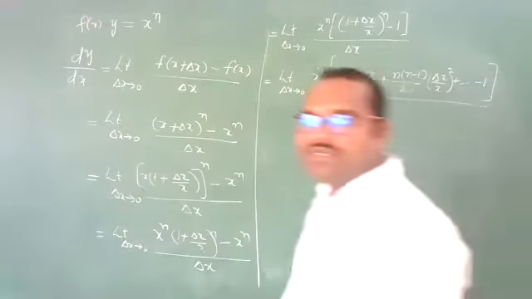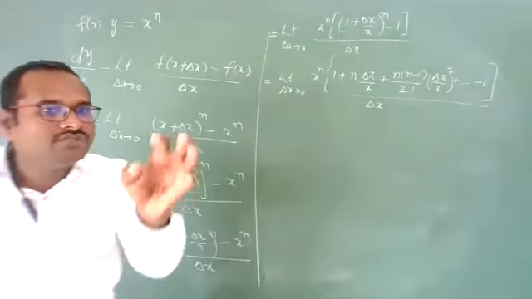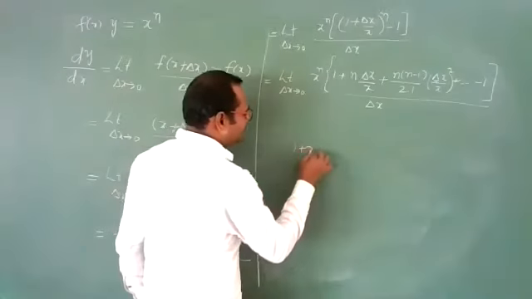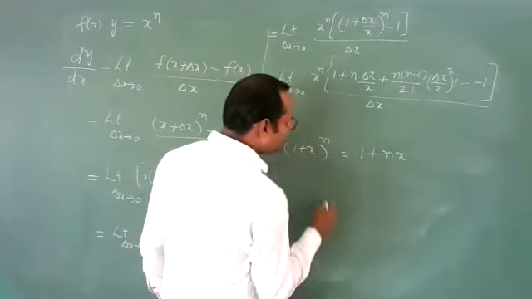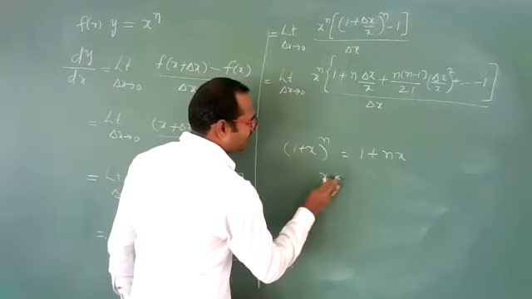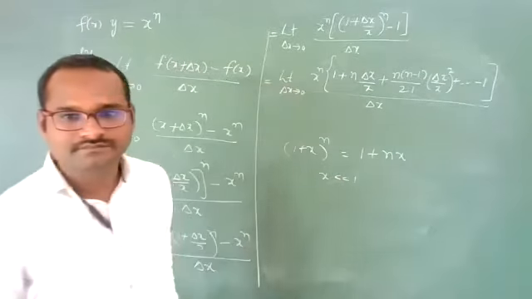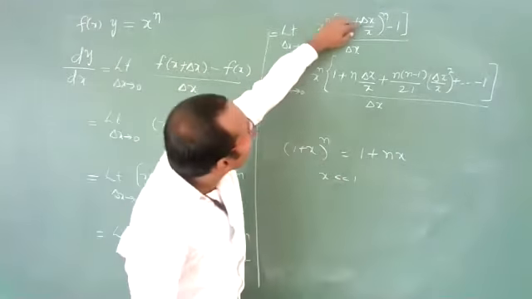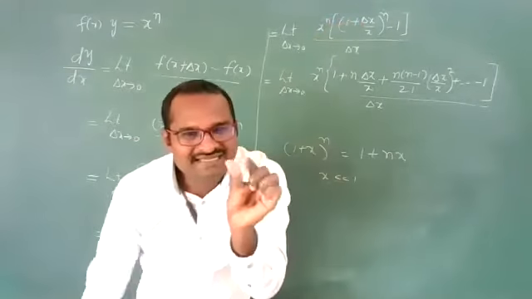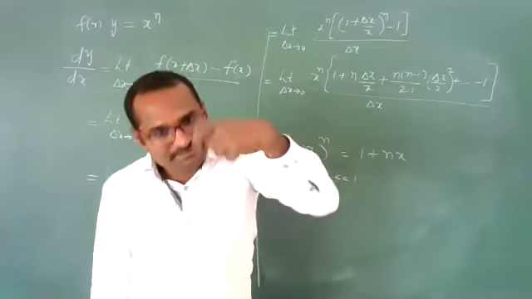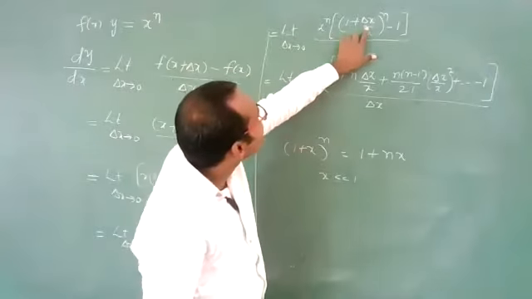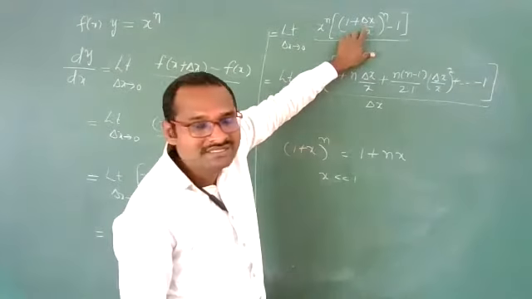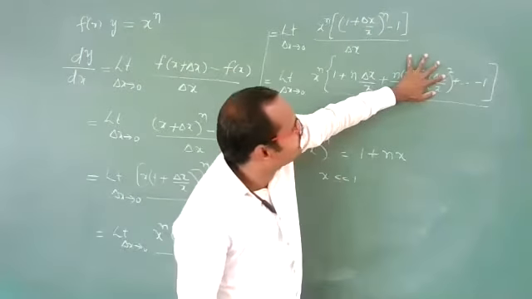Students, I told you one thing. When x value is very small, 1 plus x whole power n can be written as 1 plus nx, when x is very small compared to 1. Here I have written delta x by x. Delta x is a small value divided by a big value x, so you will get a very small value. Delta x by x is very small, which means you can neglect these higher order terms.